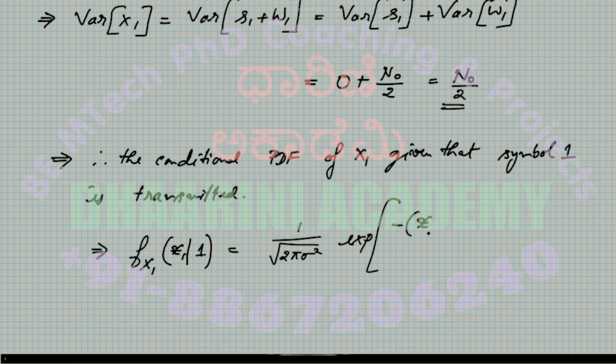If it is x1, you write x1 minus the expectation of x1, that whole square, divided by 2 times sigma square.